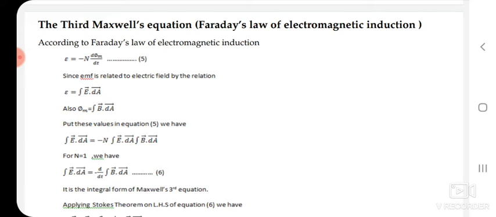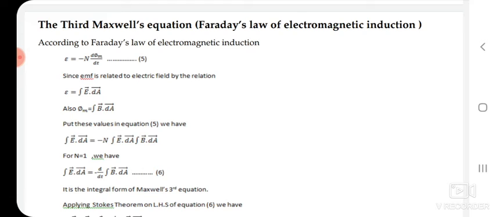EMF is related to the electric field by the relation EMF is equal to integration of E dot dl, and phi is nothing but the magnetic flux, which is equal to integration of B dot dA.